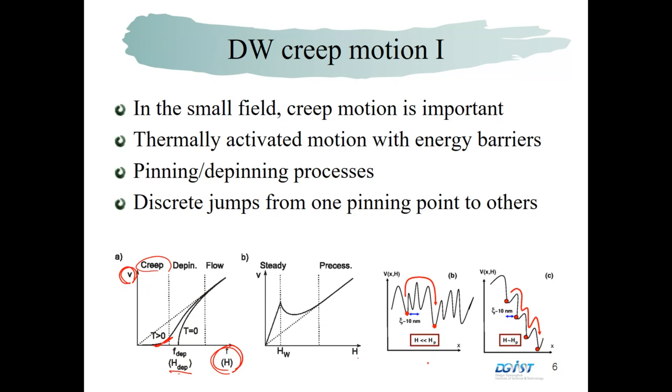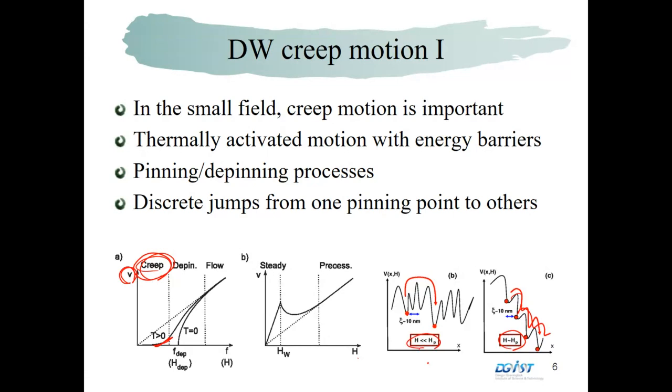But this motion is important in much research. So this region we call the creep motion of the domain wall. And this can happen in this cartoon. If we apply a field larger than or comparable to the pinning field, the domain wall can overcome such kind of energy barrier very easily.